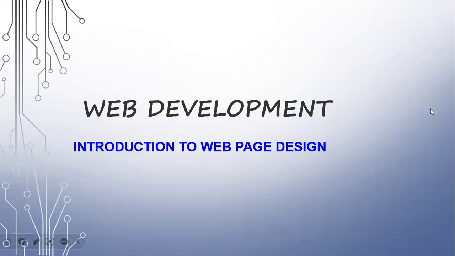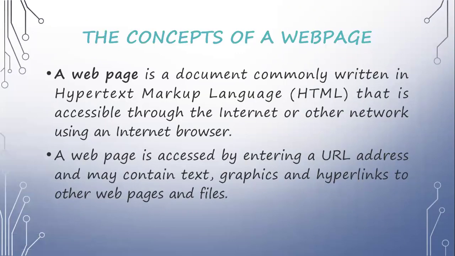We'll start by discussing the concepts of the web page. So we'll see various concepts related to creating a web page, starting with the meaning of the web page. A web page is a document commonly written in hypertext markup language, that is HTML, that is accessible through the internet or other network simply using an internet browser.